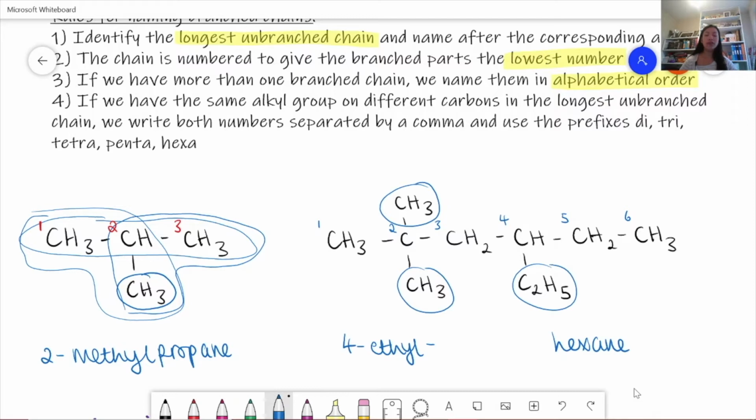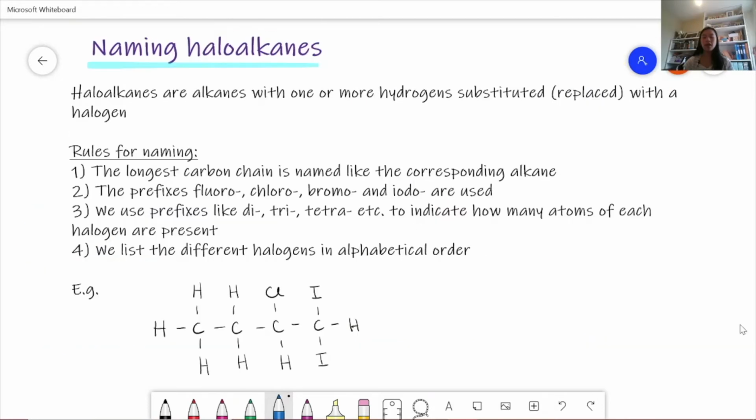So because they come on the second carbon, we put a 2. But because there's 2 of them, we then put a comma and put another 2. And then we have the prefix di, and then they are methyl groups. So the full name of this molecule is 4-ethyl-2,2-dimethylhexane.